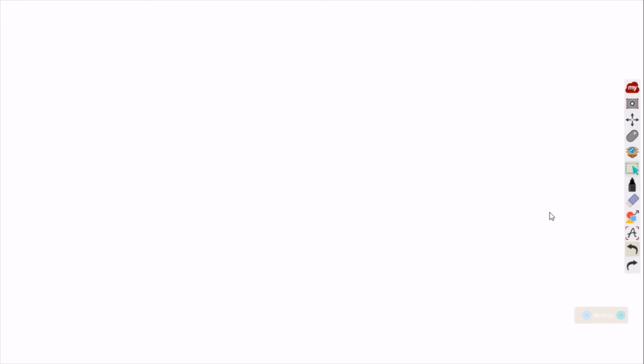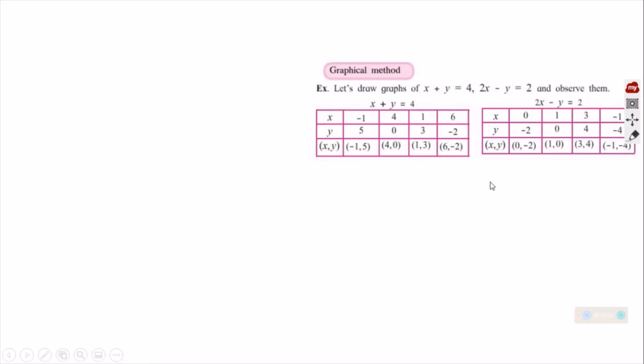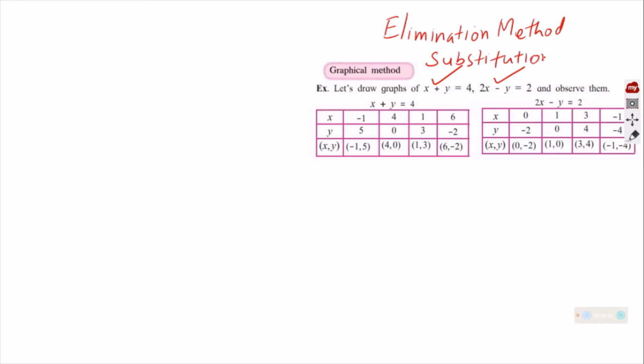So let us start from the same simultaneous equations which we had done before. These were the equations done in the previous video using the elimination method and substitution method, where we solved linear equations in 2 variables.